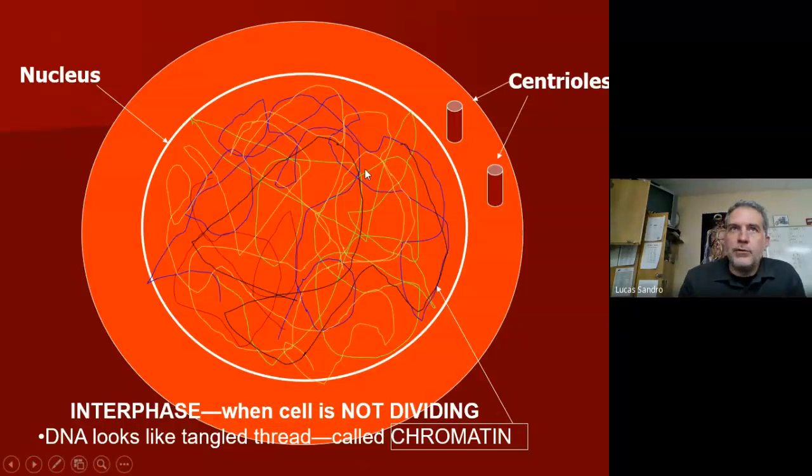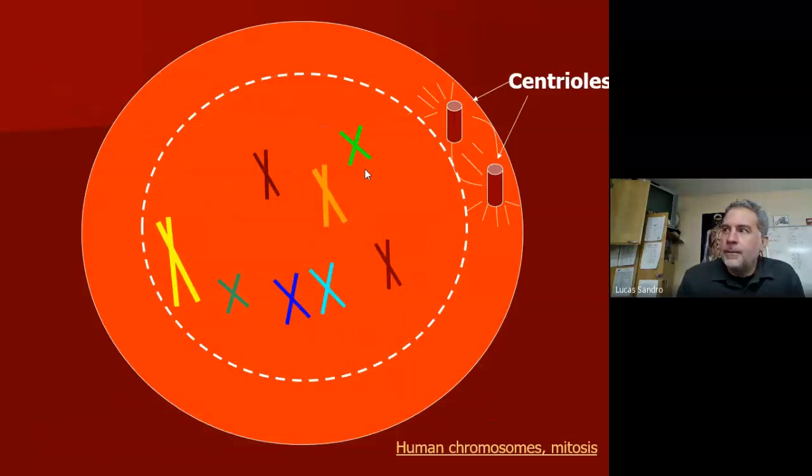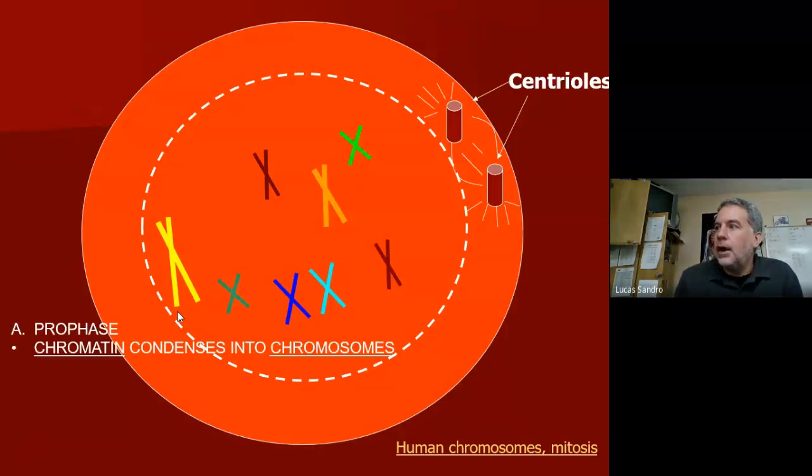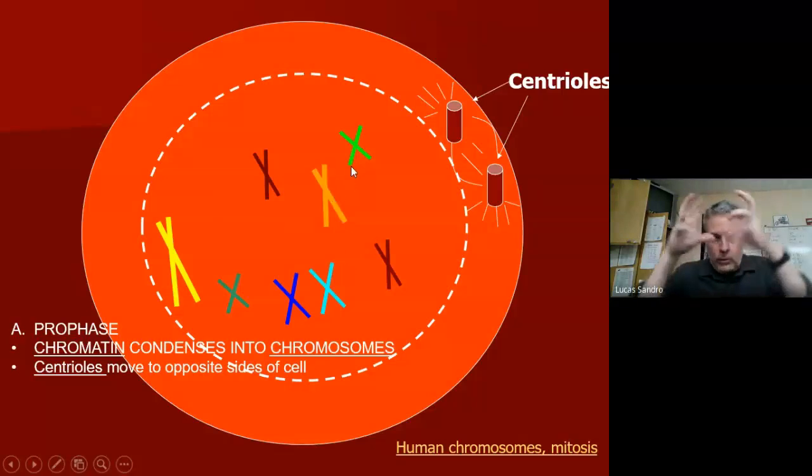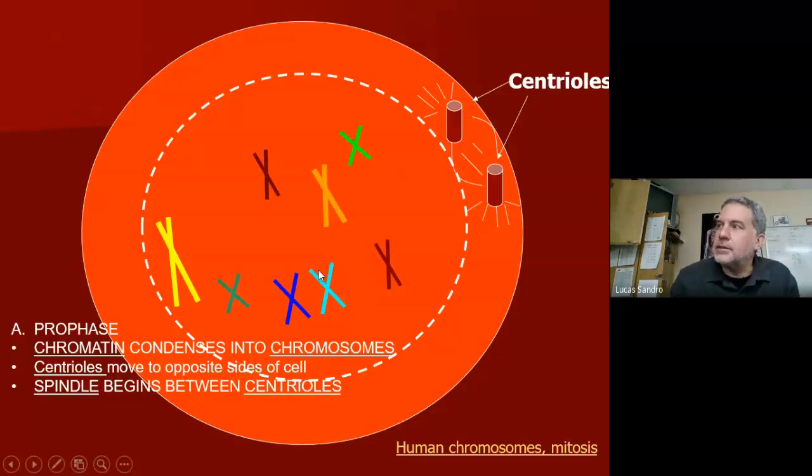So the first and last phases are the most complicated. Starting with prophase, what we find in prophase is that this dashed line here means the nuclear envelope is going away. It disappears. At the same time, the chromatin is condensing into chromosomes. That yarn-like stuff is condensing into these X-shaped bundles, and the centrioles are starting to grow this thing called the spindle.